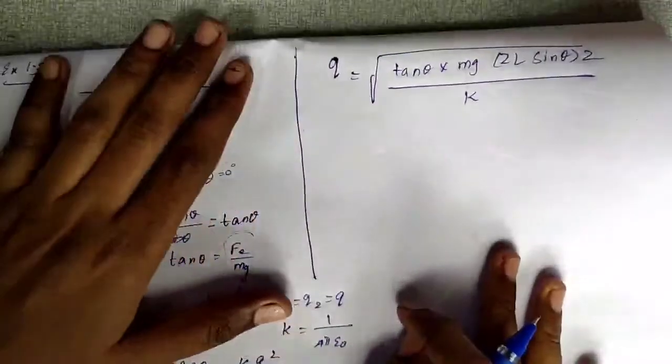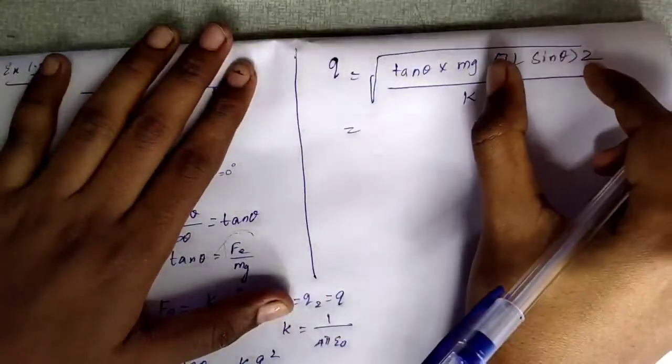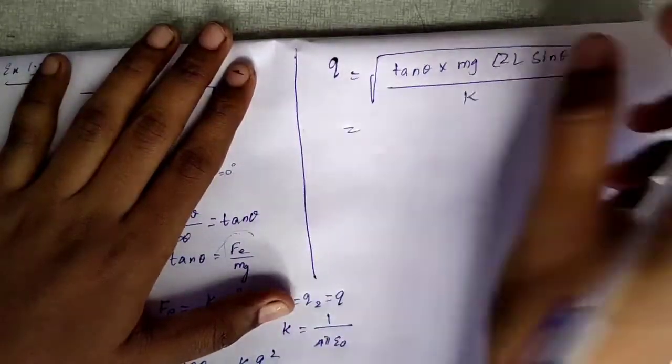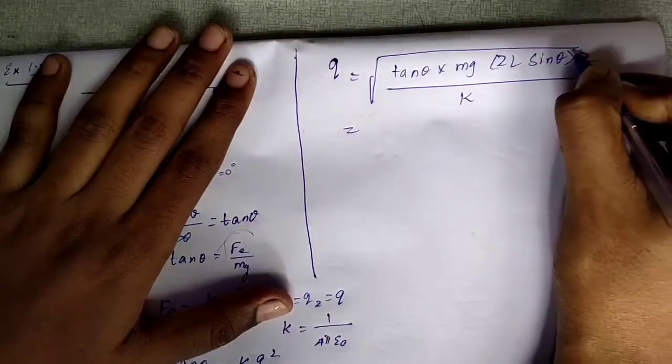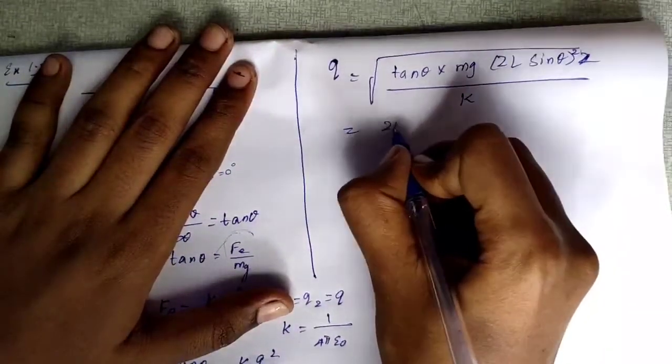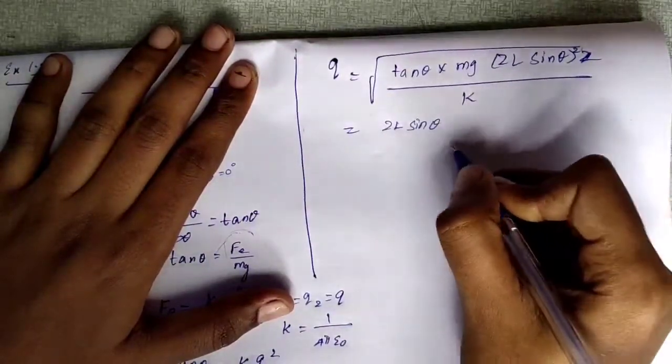Our next step is we can take this term out of the square root because here we have a square. So 2L sin theta can be taken out from the root.